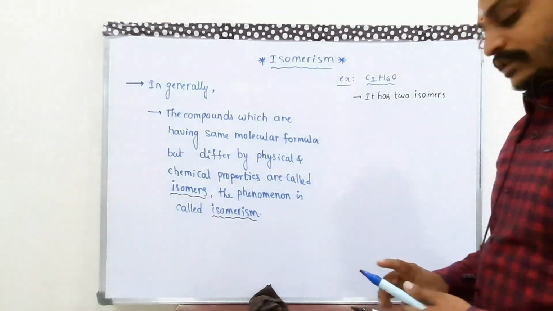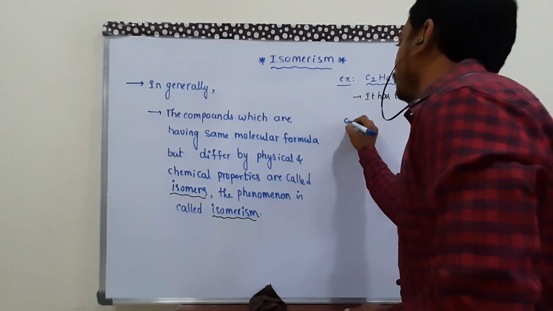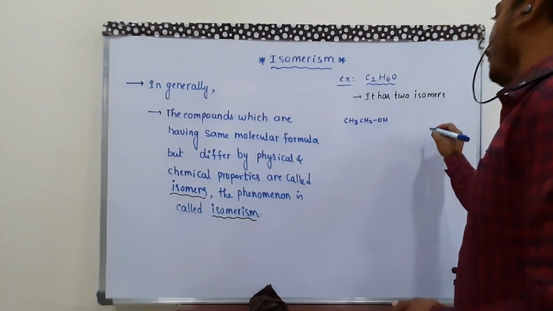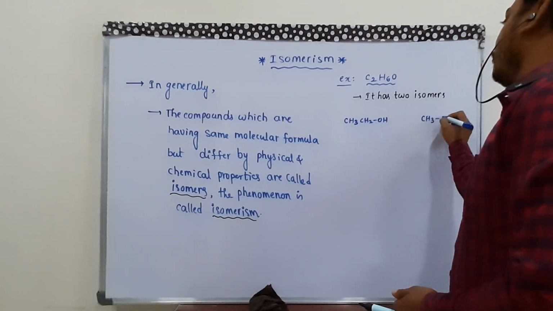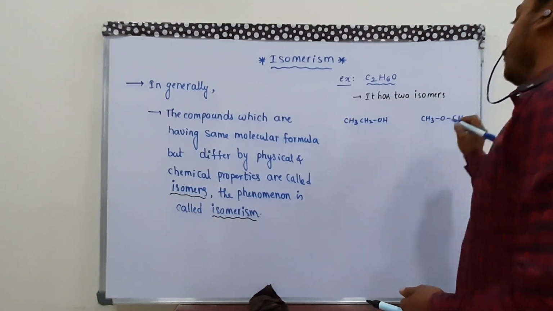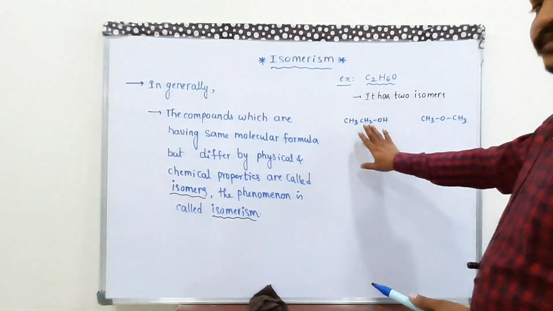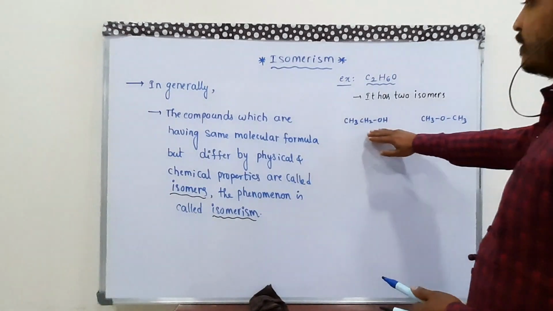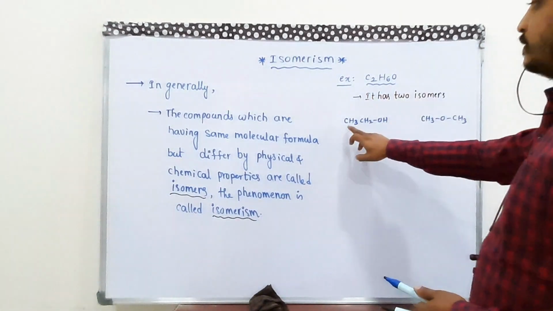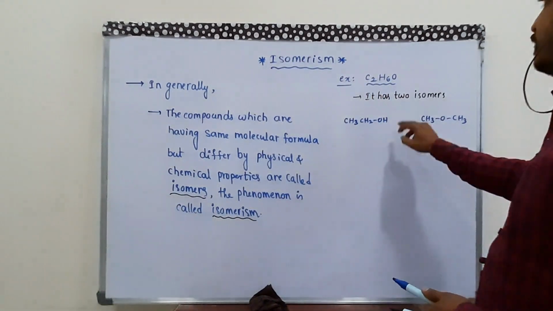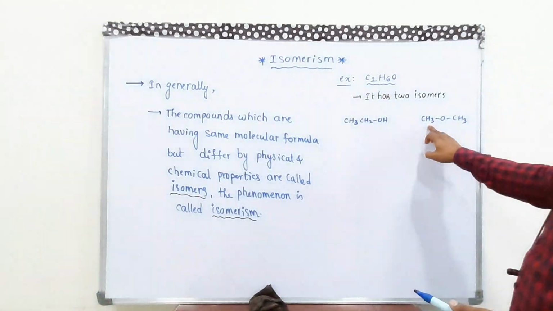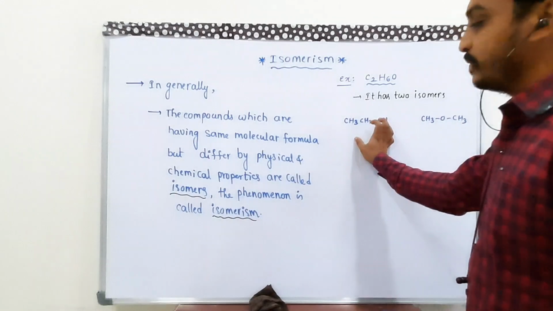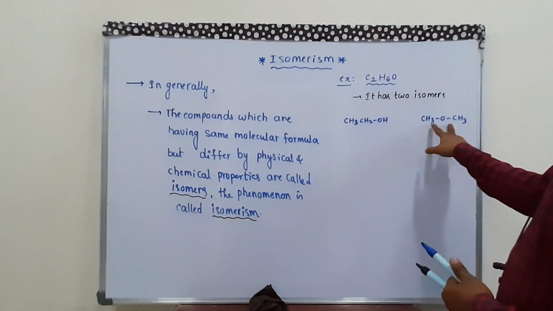One is CH3CH2OH, another one is CH3OCH3. Just observe what happens. The molecular formula of this alcohol CH3CH2OH is C2H6O, same as the ether also. Another functional group is present in the ether, while the alcohol functional group is present in the first compound.